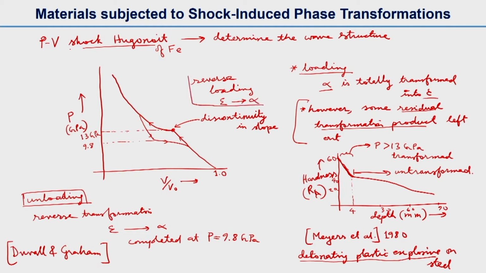As I told you, the residual transformation product means the transformation product here is epsilon, because we got epsilon from alpha. Residual transformation product means some part of the epsilon will be left out, will not be converted to alpha.